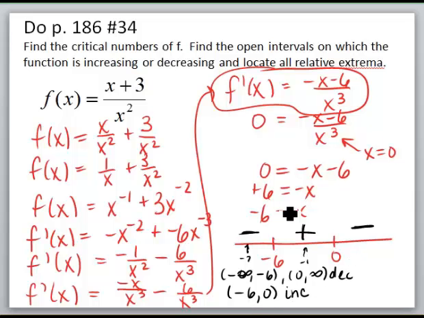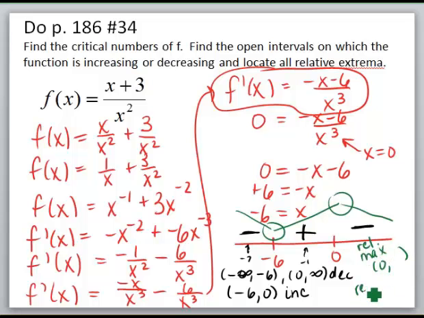The last thing I'm going to do is mark my relative max or mins. So in this one I have decreasing, then increasing, then decreasing. So I have a relative max at 0 and a relative min at negative 6. So I'll squeeze that in here. My max is at 0, comma, something, relative max. My relative min is at negative 6, comma, something.